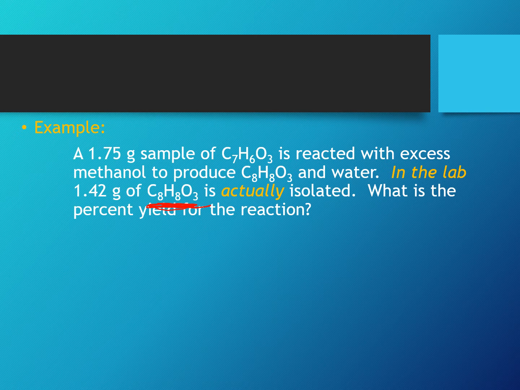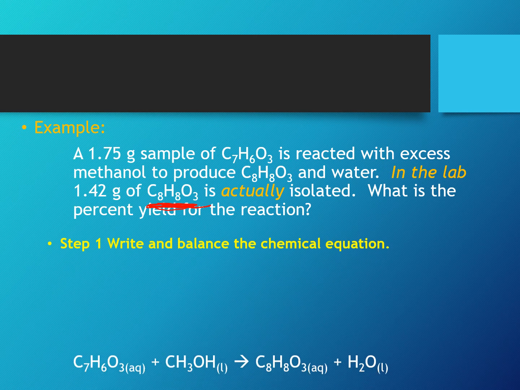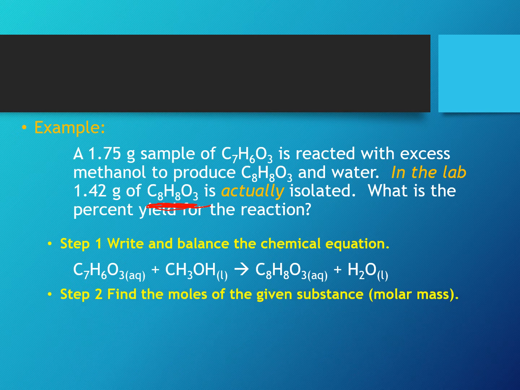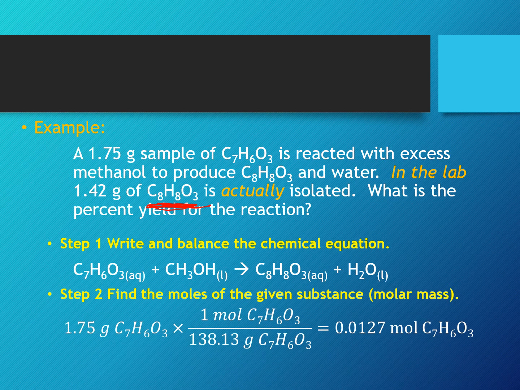Okay, so here we go. First thing we need, balanced chemical equation. Bam. Okay, excess methanol, you might have had to look up methanol, CH3OH. After we do that, we find the moles of what we're given. We're given 1.75 grams of C7H6O3. We need to convert that to moles. Okay, that's step one.